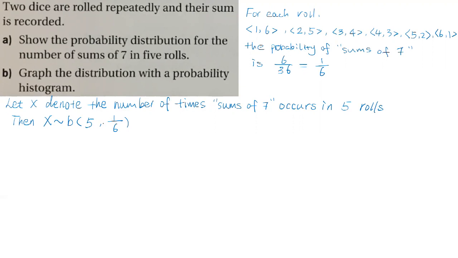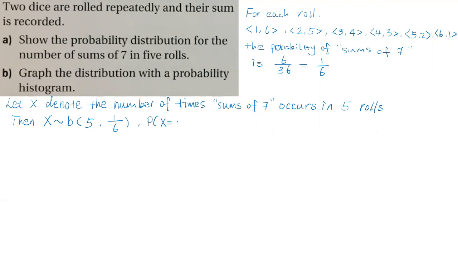And if we want to calculate the probability distribution of x, we need to calculate each probability of x being 0, 1, 2, 3, 4, 5, right? Okay, that means we need to calculate 6 probabilities.